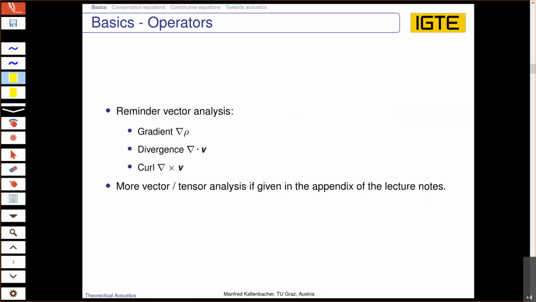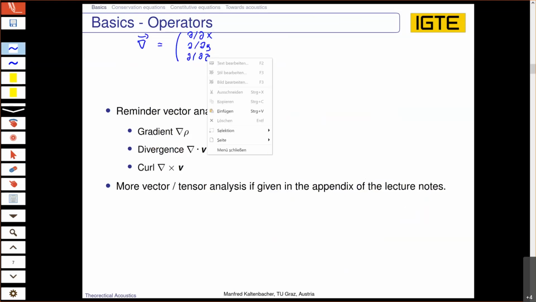So when we look at standard vector analysis, then as I have told you, this nabla actually is a vector operator, and I write it down here for Cartesian coordinates. So it is the partial derivative with respect to x, and you get the x component. You take the partial derivative with respect to y, and you get the y component, and you do the same for z, and you get the z component.